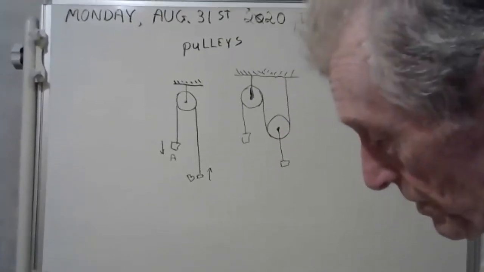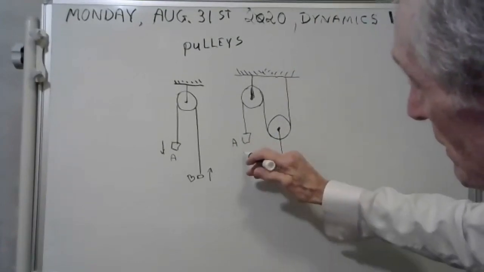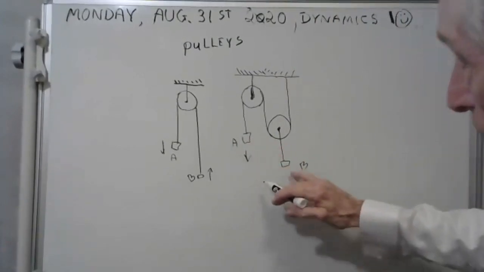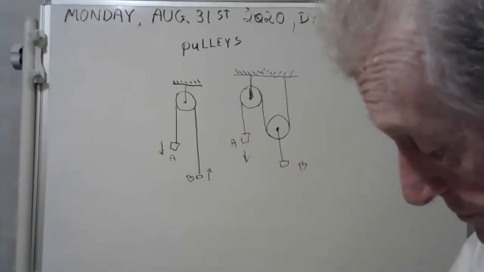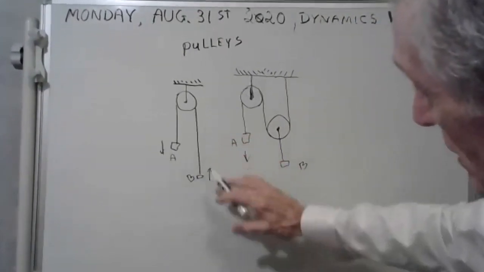Now in this system, if this is A and this is B, let's say A goes down. Well, B is going to go up. For sure, B will go up.